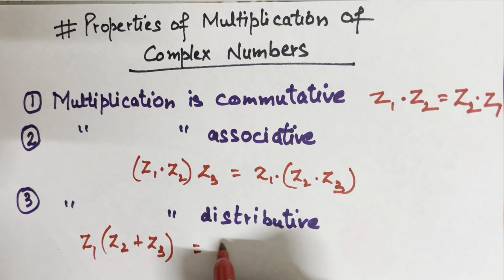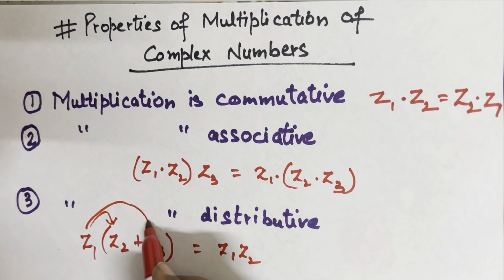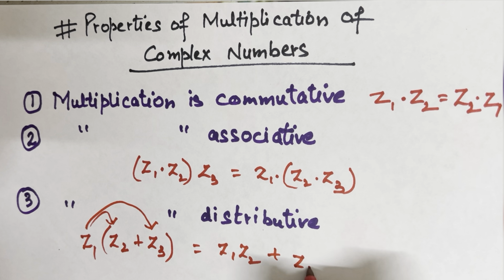Or we are taking z1 into z2 plus z1 into z3, we will get the same results, right? Whether we write it like this or this, both will give the same results. So this suggests that complex numbers show the distributive property. So multiplication is commutative, associative as well as distributive in case of complex numbers.